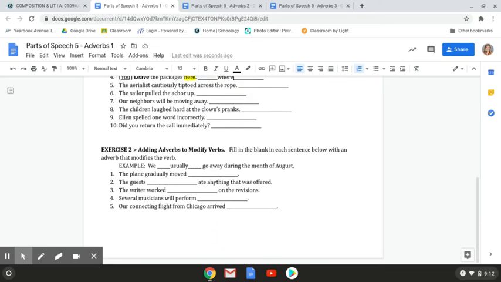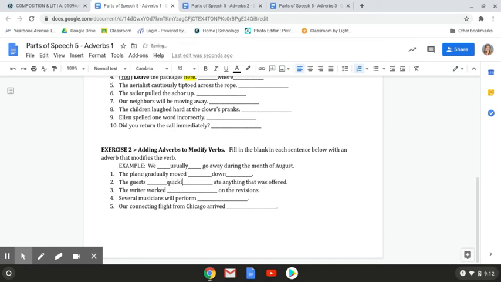Exercise 2, you're simply adding in adverbs that modify verbs. So ask yourself, where, when, or how? The plane gradually moved where, when, how? The plane gradually moved down. The guests ate anything that was offered. The guests ate where, when, how?